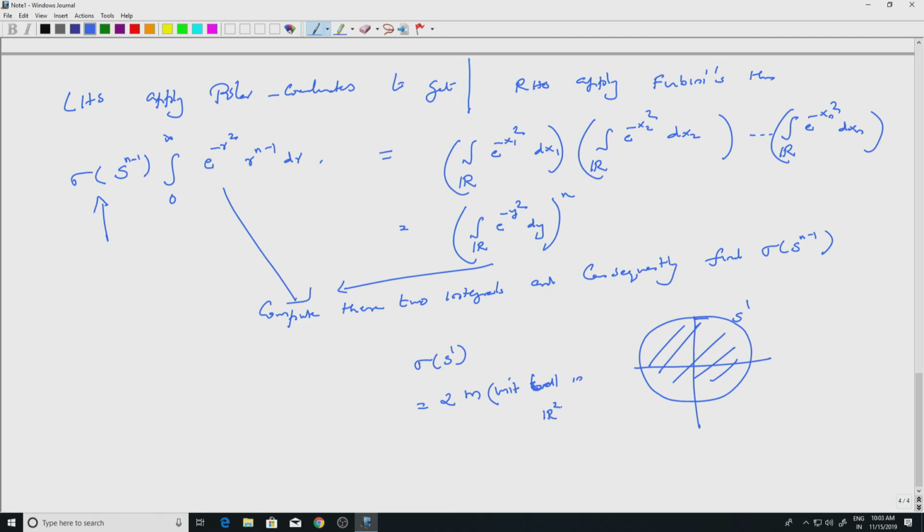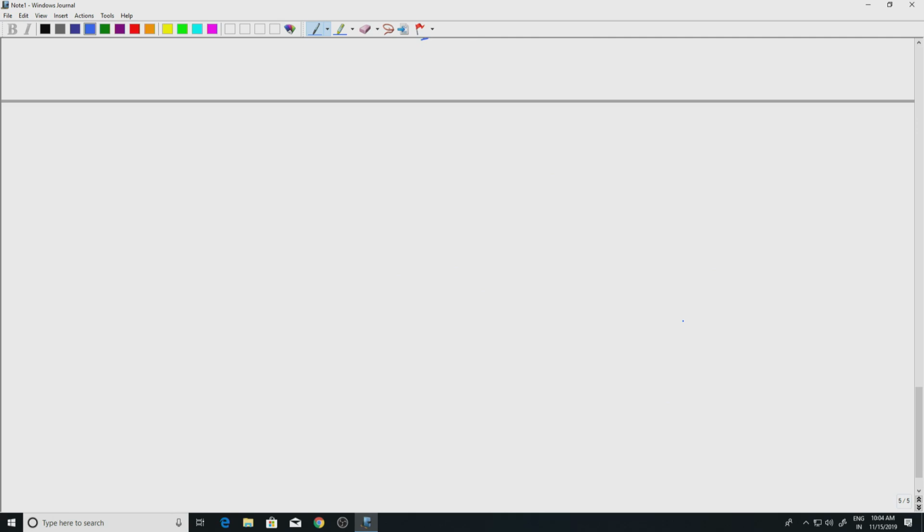The unit ball in R^2 has radius 1, so you know what the area is: pi r square, r is 1, so it's just pi. So this will be 2 pi, which is the circumference of the circle of radius 1. So that's precisely what the measure is. You can compute this and check that it's true. So that will give an expression for sigma of S^(n-1) in general. So it's another application.